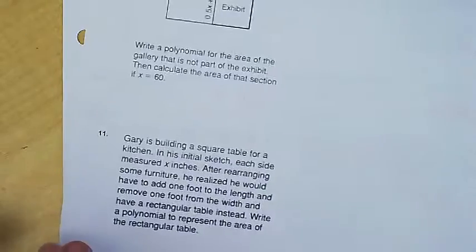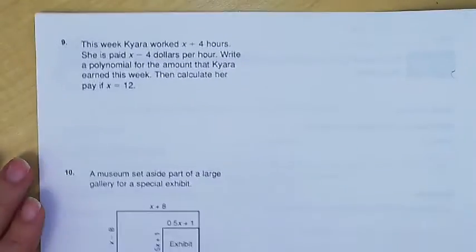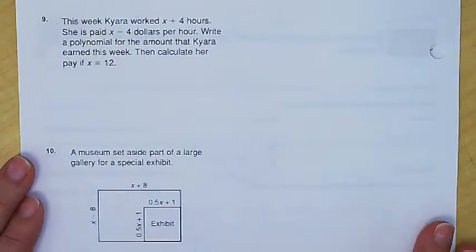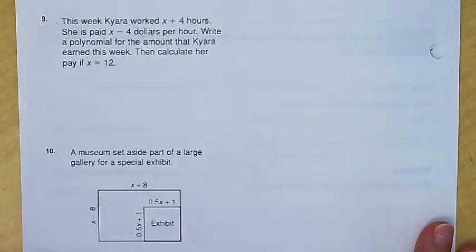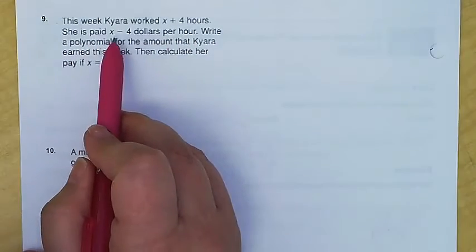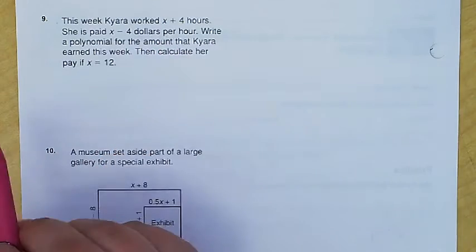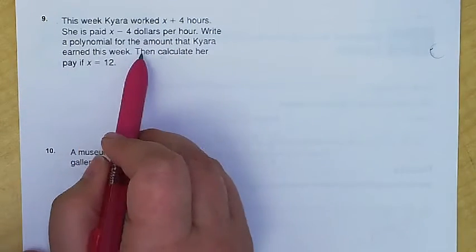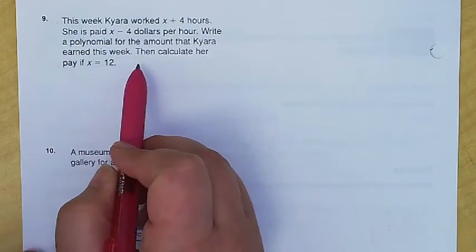So go ahead and flip that over. Let's try a couple of word problems now that we know what that pattern looks like. So let's check out number 9. On number 9, it says, this week, Kiara worked x plus 4 hours. She is paid x minus 4 per hour. We want to write a polynomial for the amount that Kiara earned this week.